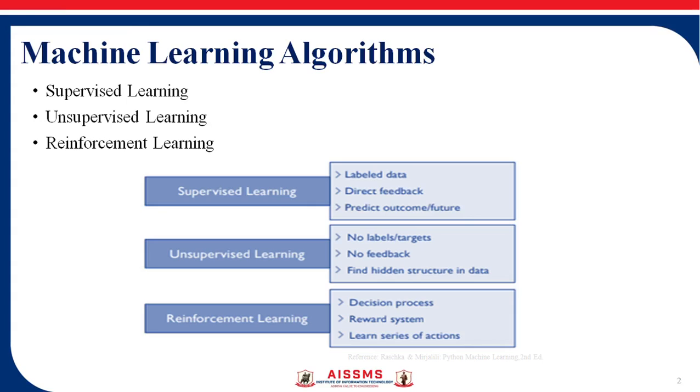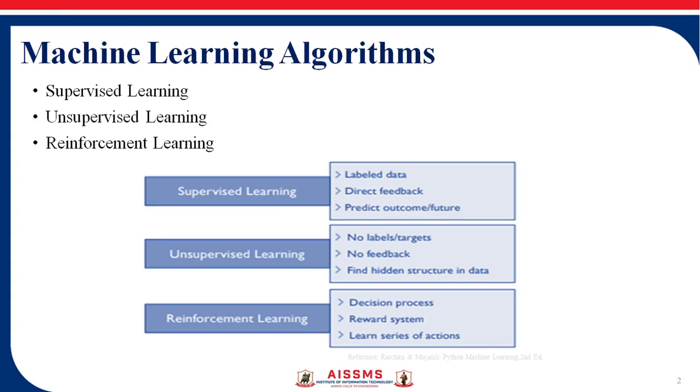Second we have unsupervised learning. In unsupervised learning, the training data does not include the desired outputs. Unsupervised learning is a machine learning task that draws inferences from data sets consisting of input data without labeled responses.